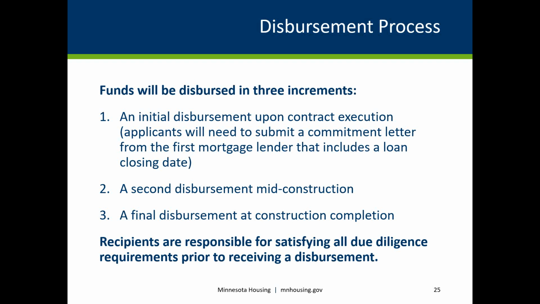Applicants will be able to receive up to 1/3 of their award at each disbursement. Applicants will complete a disbursement request form for every request. And recipients must satisfy all due diligence requirements prior to receiving a disbursement of funds.